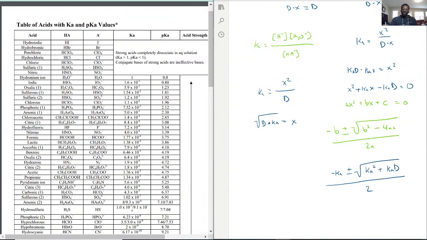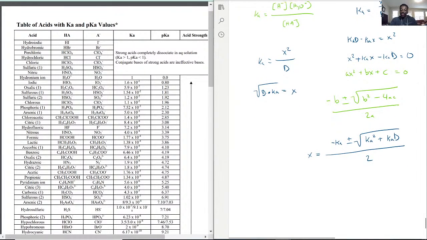This is what you use to find x. You would get a positive and a negative value. Ignore the negative value because you cannot put in something and get more of the something you put in. The reactant has to break apart. You would not form more reactant when there's nothing to use to form more, so you only take the positive number of the two answers.